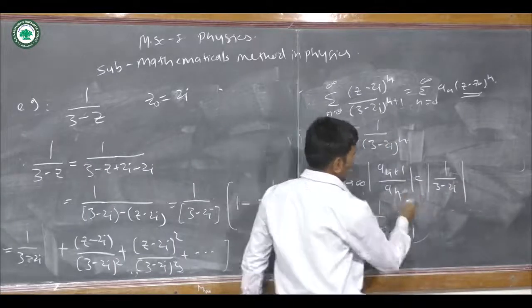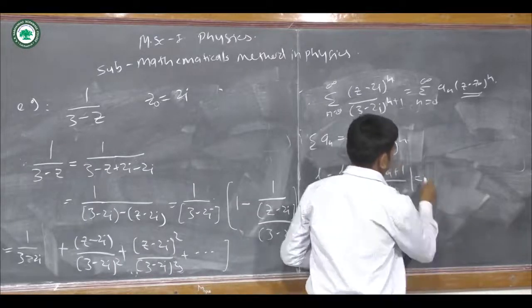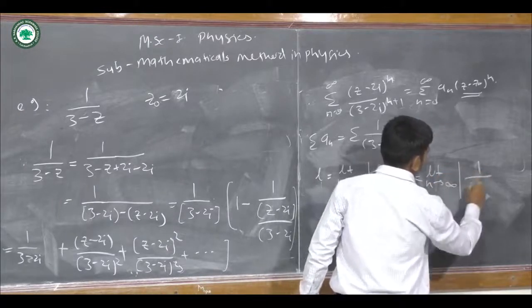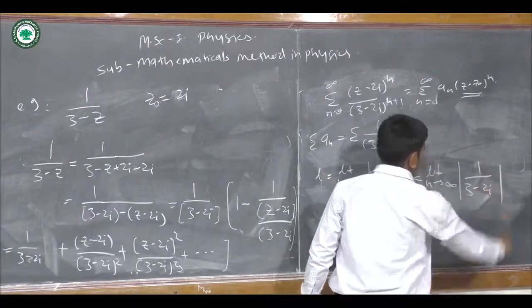So if I solve this limit, n approaching infinity, it is 1 divided by 3 minus 2i.